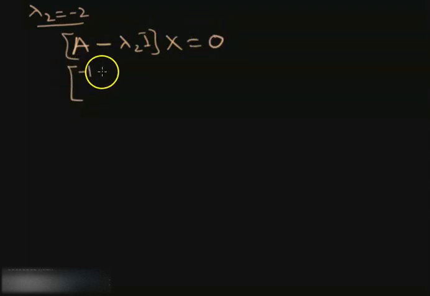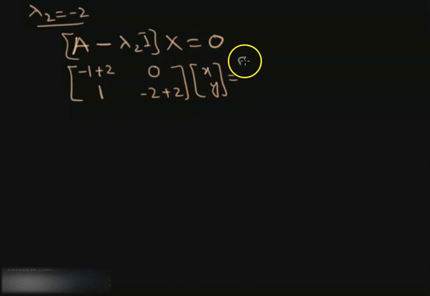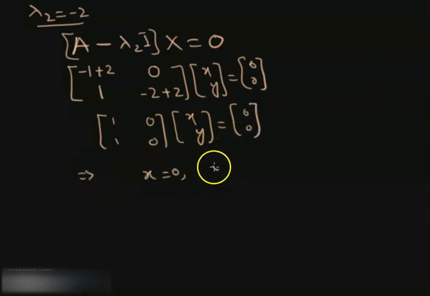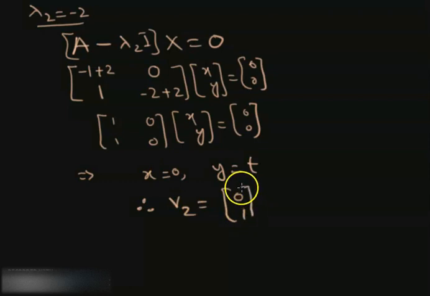This gives [[-1 + 2, 0], [1, -2 + 2]] operating onto (x, y) equal to (0, 0), which gives [[1, 0], [1, 0]] times (x, y) equal to (0, 0). This gives x equal to 0 and y can be anything. So that means v2 should be (0, 1).